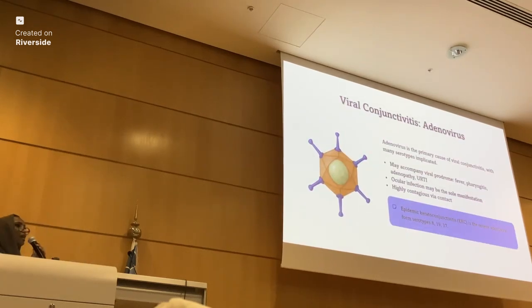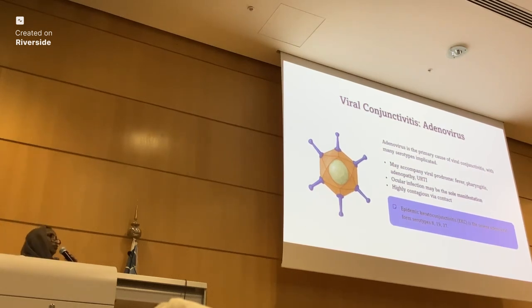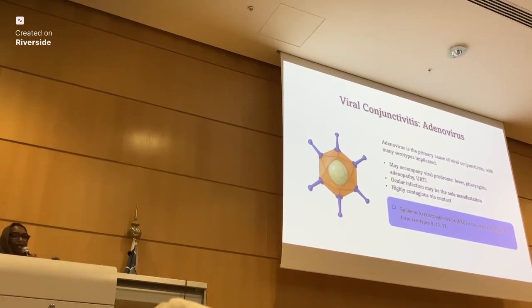All right, so viral conjunctivitis, as I said, is caused by adenovirus, and we'll talk about this. I just wanted to highlight that in viral conjunctivitis, patients can actually complain of other conditions. They can come with fever, pharyngitis, adenopathy.